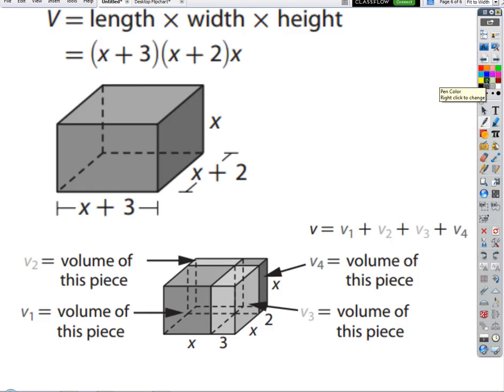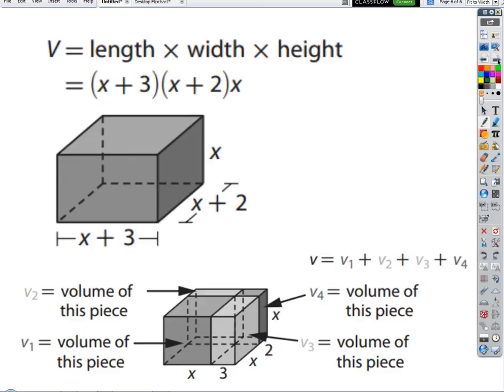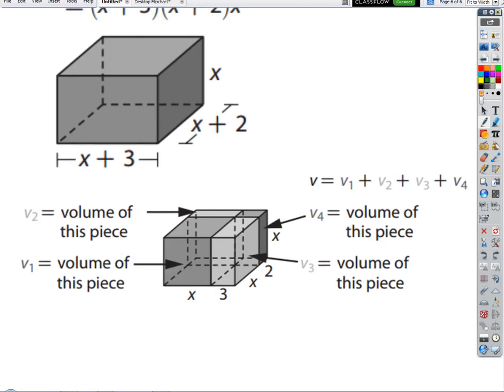We can do this pretty quickly. So I could distribute the x. I've got this x plus 3 times x plus 2, that we just did. And what did that give us on the last page? X squared plus 5x plus 6, right?